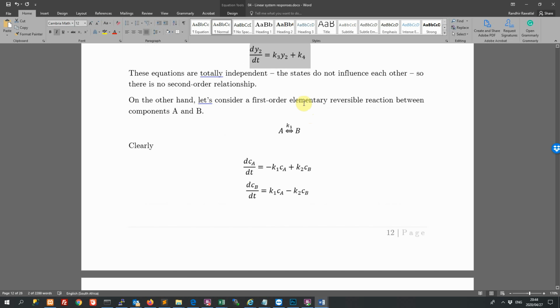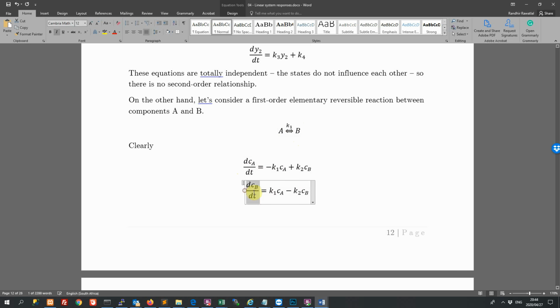Here's another example. If you have a first order elementary reversible reaction, you've got component A being converted to component B, and then B can react back to give us component A again. If these are both first order, then this simple model applies. The rate of change of A is lost in the forward reaction, and it's regained in the reverse reaction.